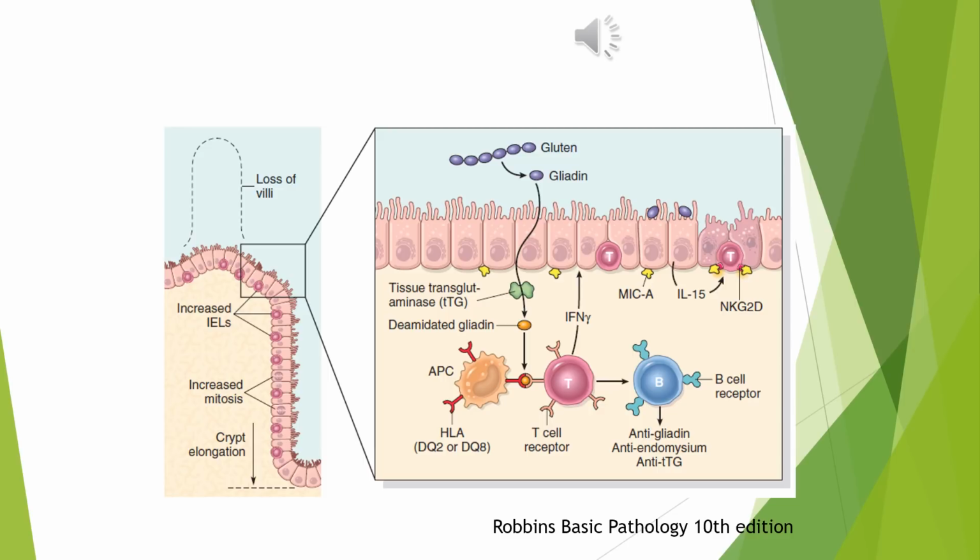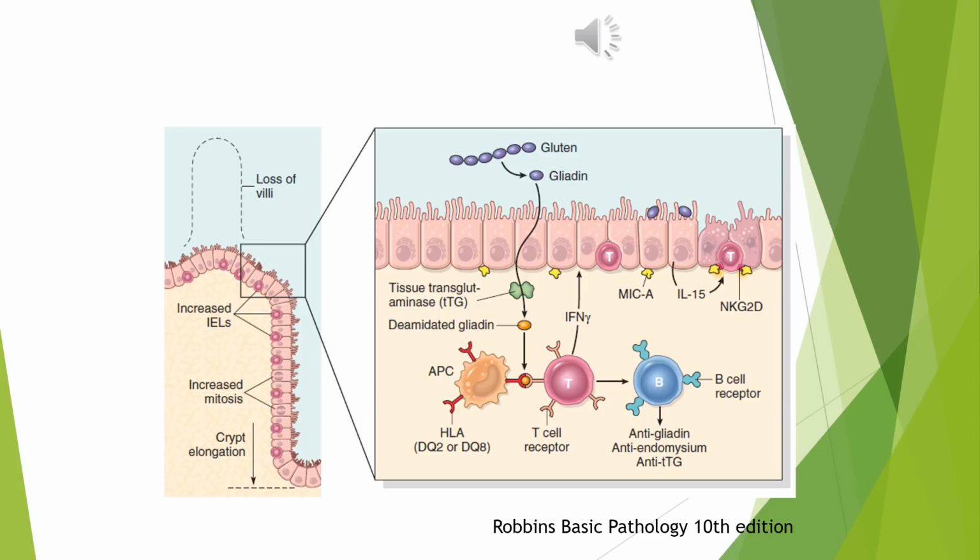So again, this diagram illustrates the pathogenesis of celiac disease. You can see in the smaller picture to the left of the slide, there is loss of the villi. The villi are very important to increase the surface area for absorption in the small intestine.